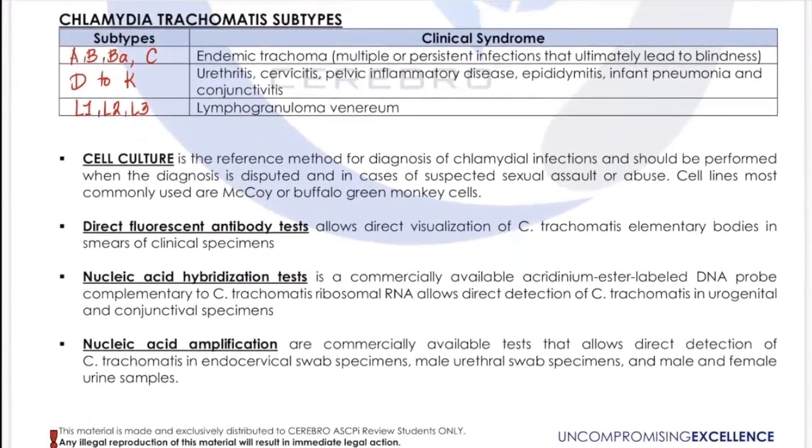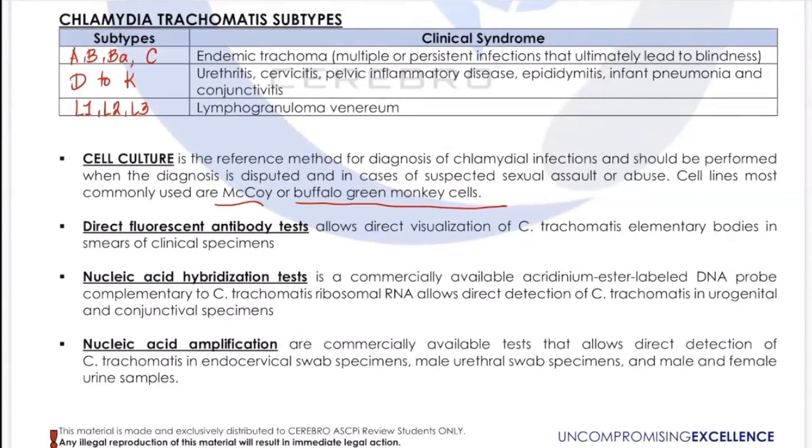So pwede tayong gumamit ng McCoy, or buffalo green monkey cells, for us to grow them. Of course, we could also directly visualize Chlamydia trachomatis elementary bodies in smears of clinical specimens with the use of direct fluorescent antibody tests.